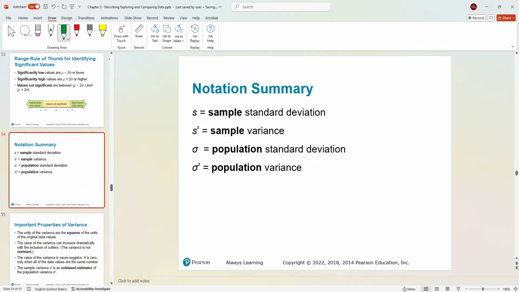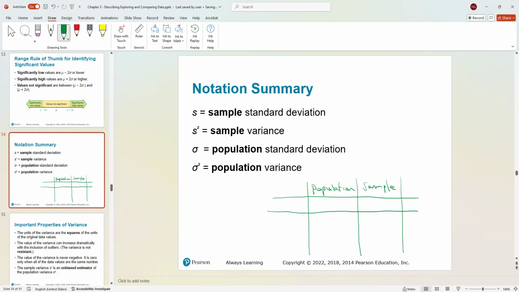Now, the notation. In terms of summary, if you want to see it the other way around, let's construct a table in which I put population and sample, with the mean, variance, and standard deviation.